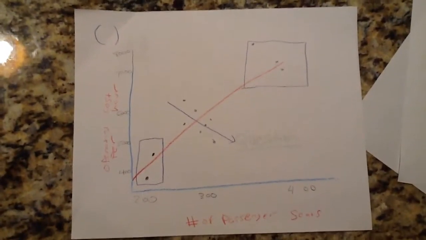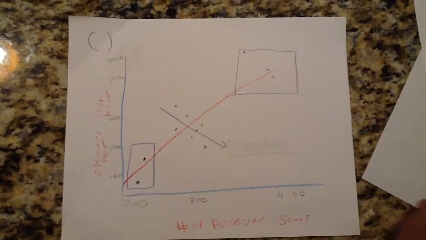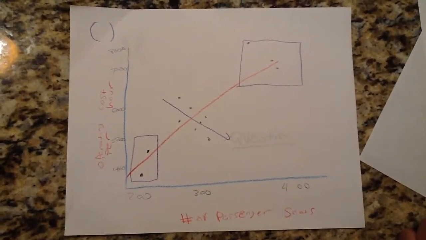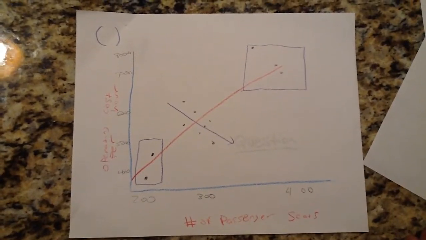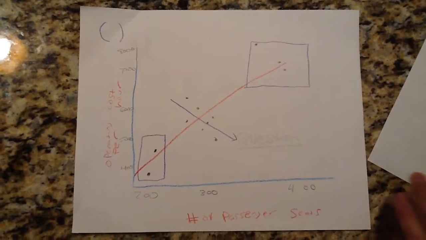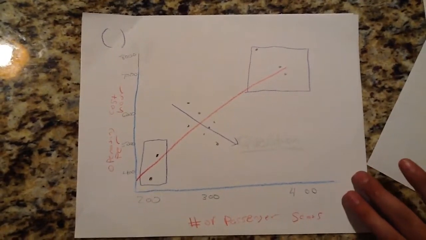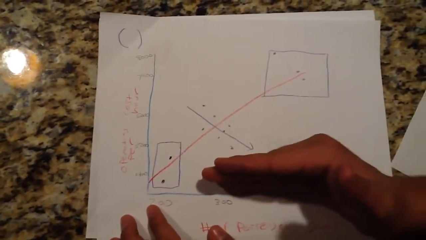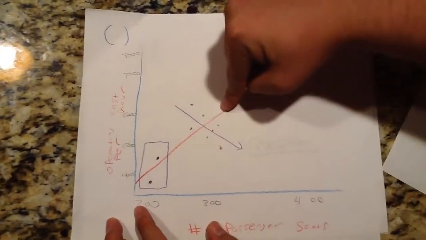For part C on the AP question, it's asking you to describe the relationship between operating cost per hour and number of passenger seats in the planes for planes only in the range of 250 to 350. Down here you see the 200 and the 300, so you're taking from this range.